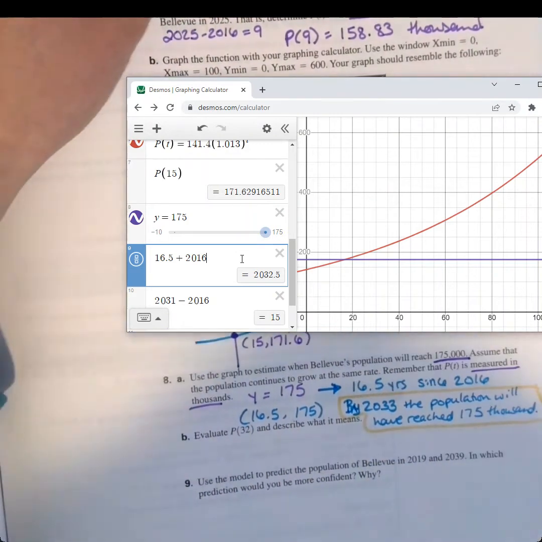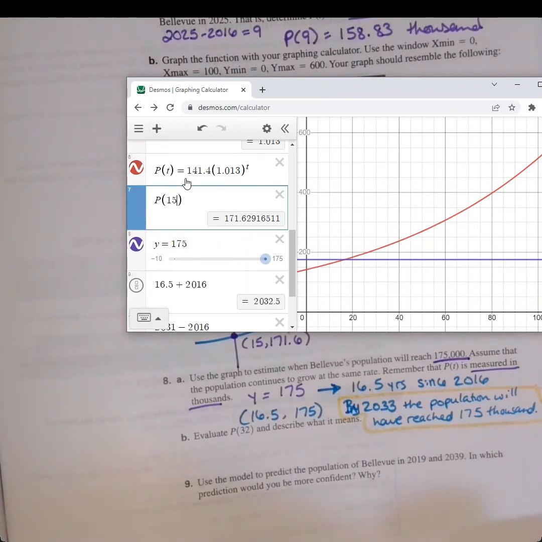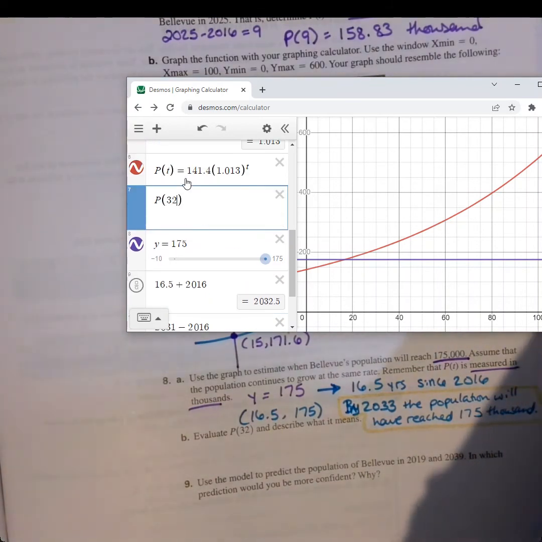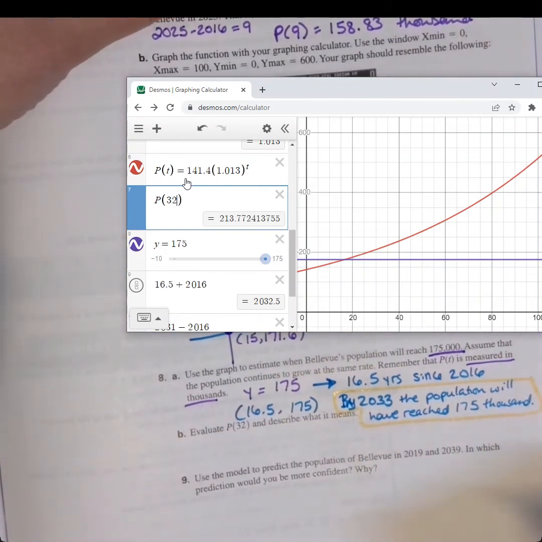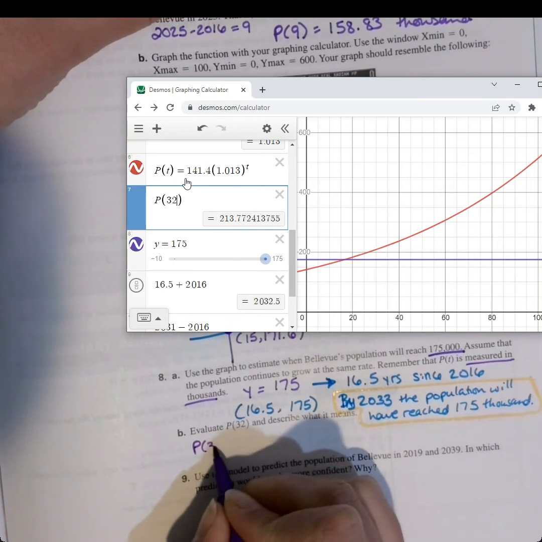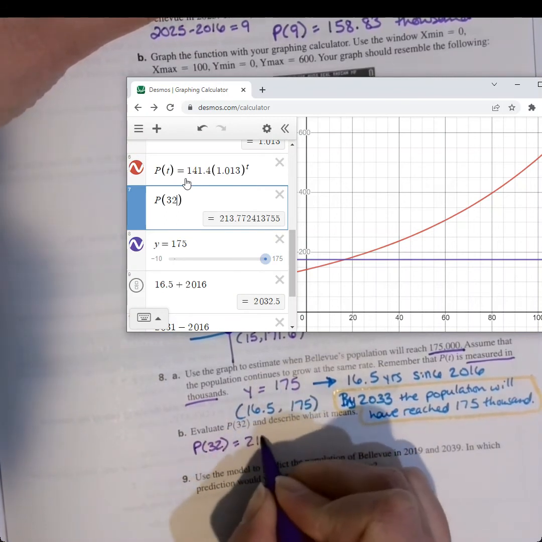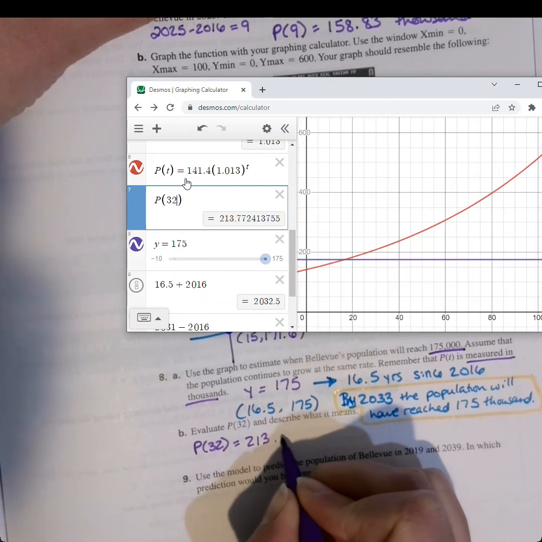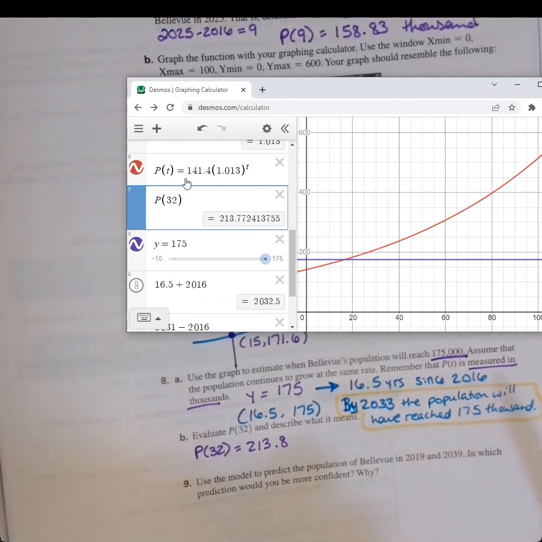And then evaluate P of 32 and describe what it means. So keeping my Desmos up here, plugging in 32, P of 32 is equal to 213.8. And when I describe what it means, I've got to talk about what the input and the output mean.